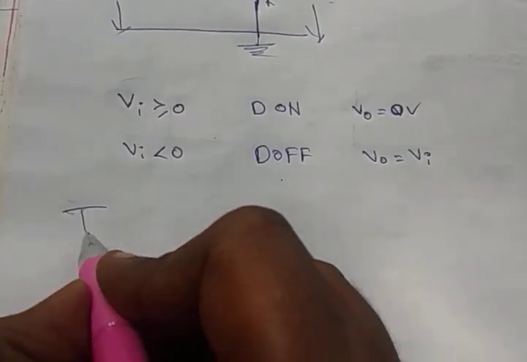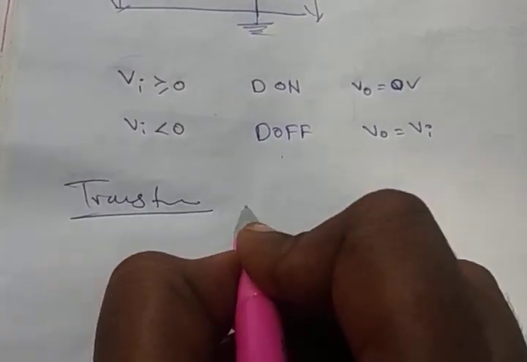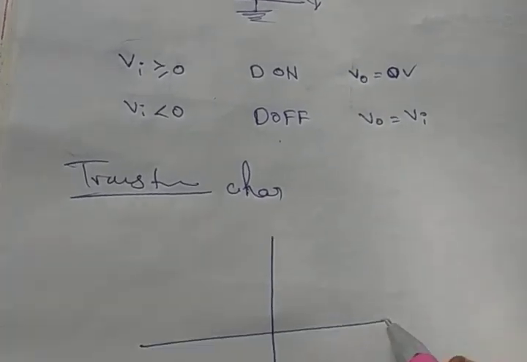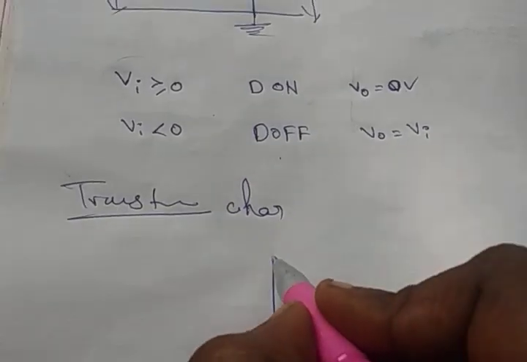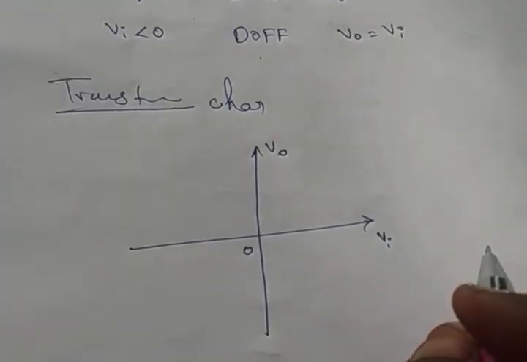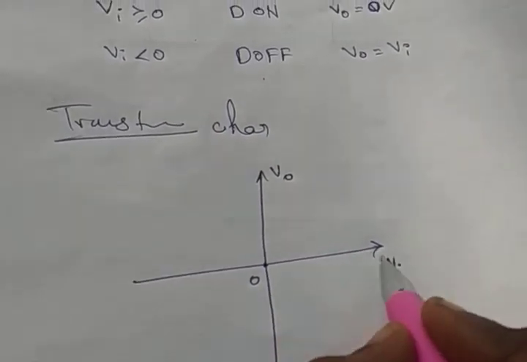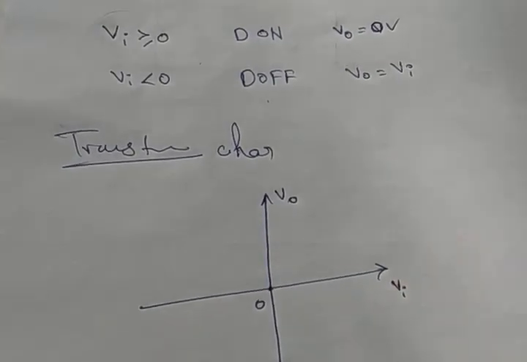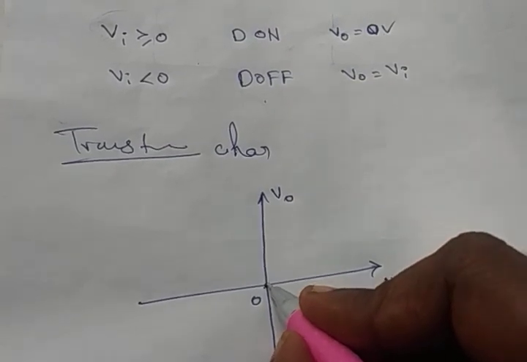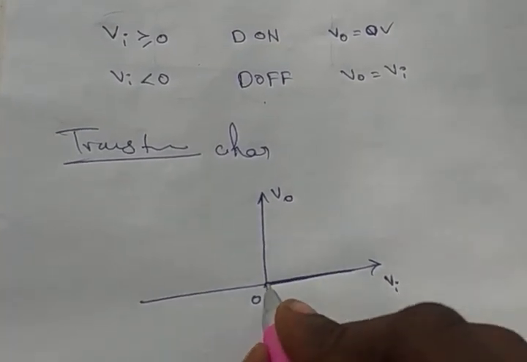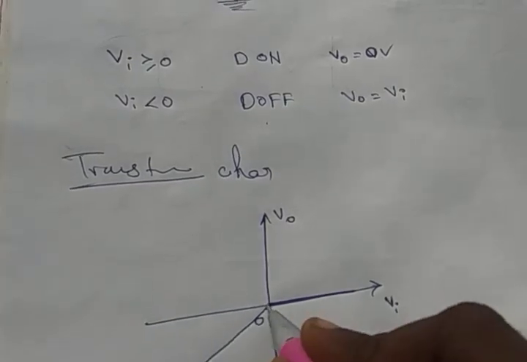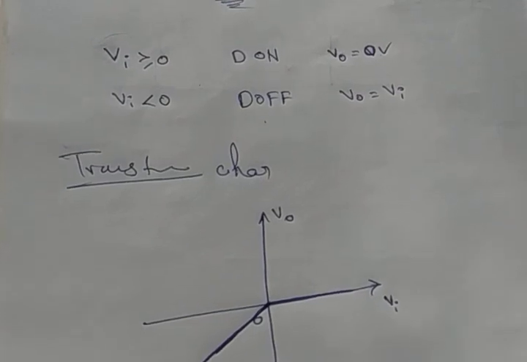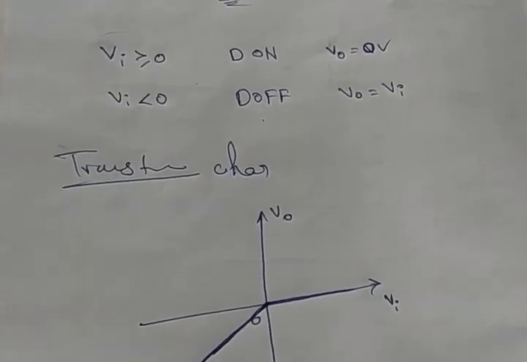Now the transfer characteristics. We take the input VI on the x-axis and the output on the y-axis. For values of VI greater than 0, the output will be 0 volts. For values of VI less than 0, the output will be equal to VI.